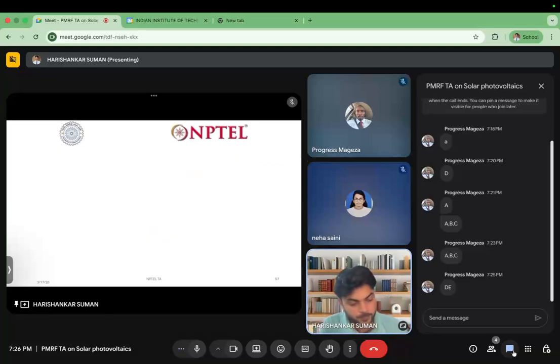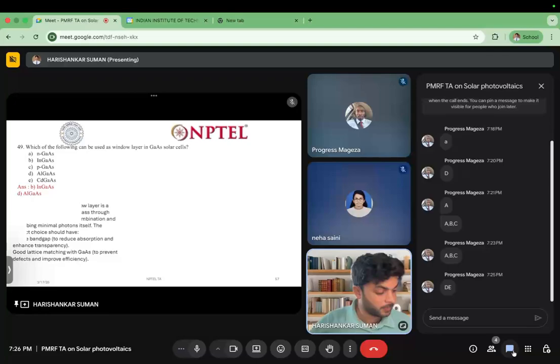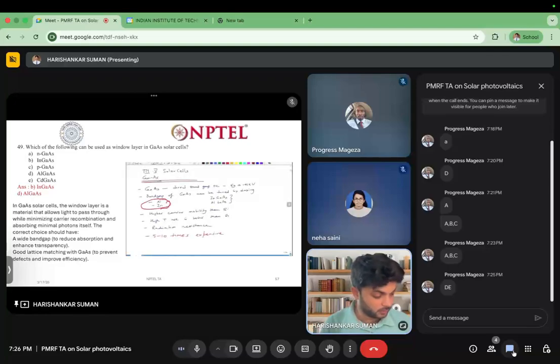Okay, next question for you: window layer. So the answer will be indium and aluminum. These can be used as a window layer.